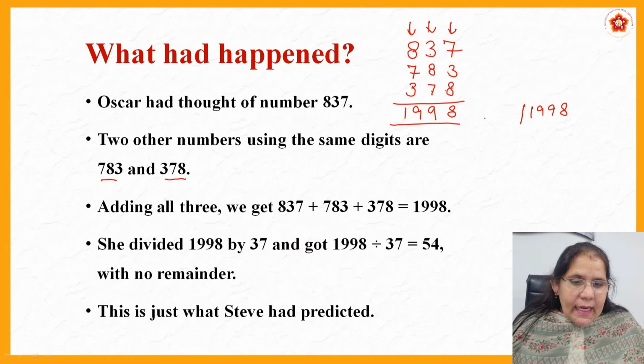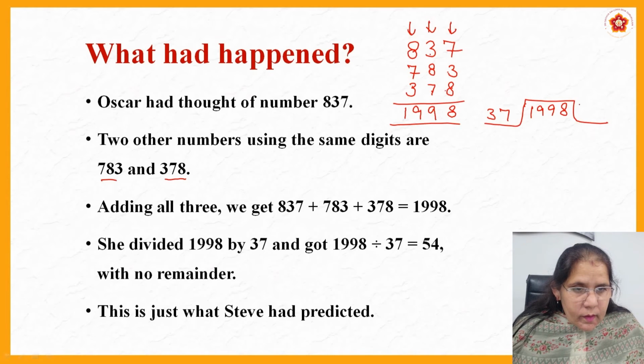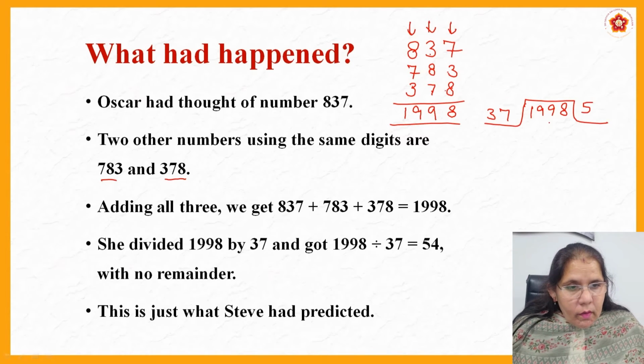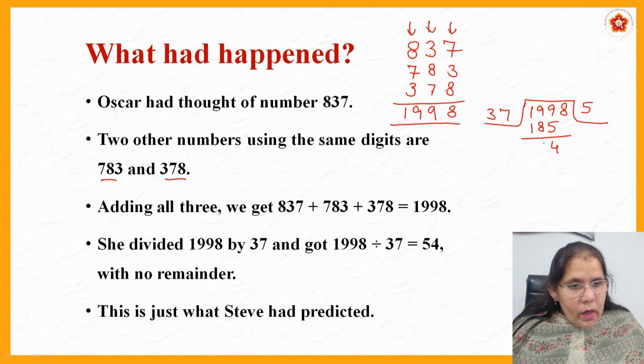When 1998 is divided by 37, 5 sevens are 35, 3 carry, 5 threes are 15, 15 plus 3 is 18. 9 minus 5 is 4, 9 minus 8 is 1, 8 comes down.